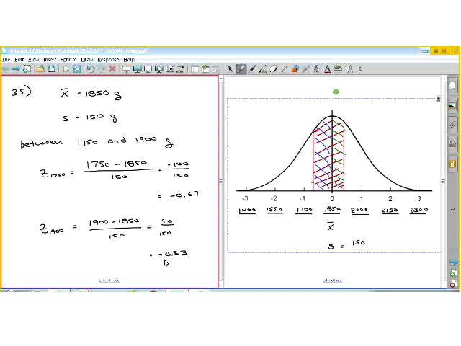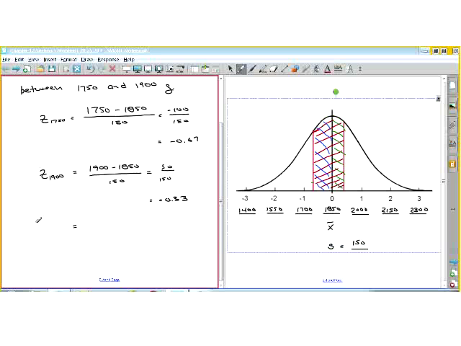Okay, so now we just have to look up the corresponding areas associated with these two z-scores. But actually what we're going to use is the positive value here. So the area associated with z equals negative 0.67 is the same as the area associated with z equals positive 0.67.